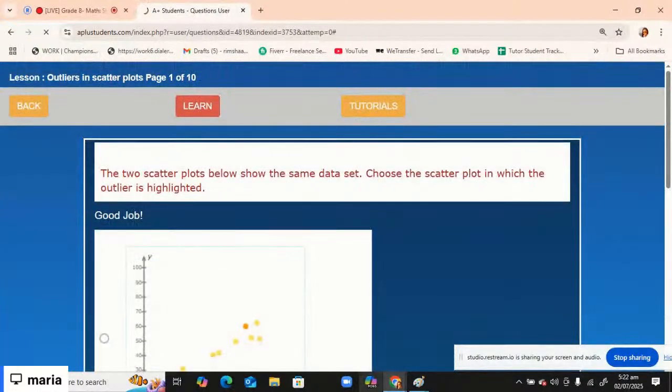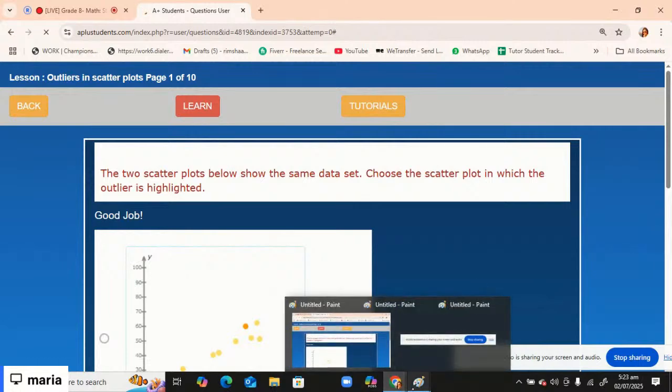If they ask you to find the outlier in a scatter plot, what do you check first? The first thing you can see is that an outlier is a certain point that is not mixed up with the other points, it's a specific single point.